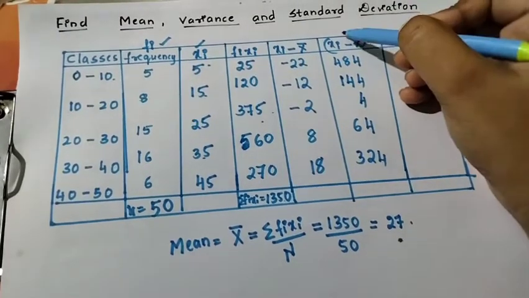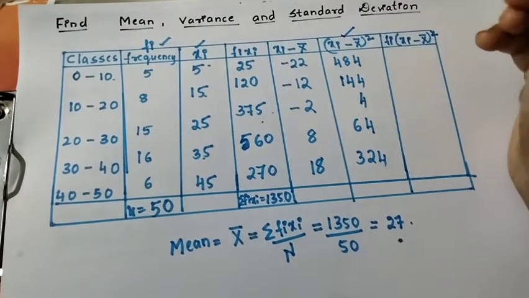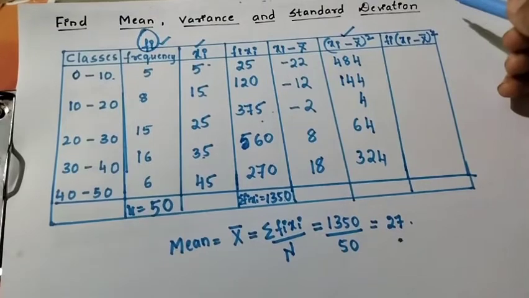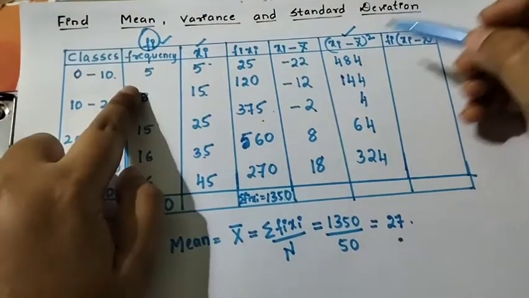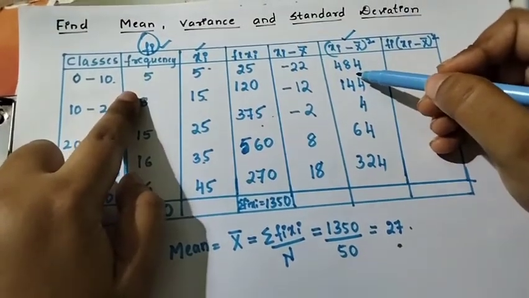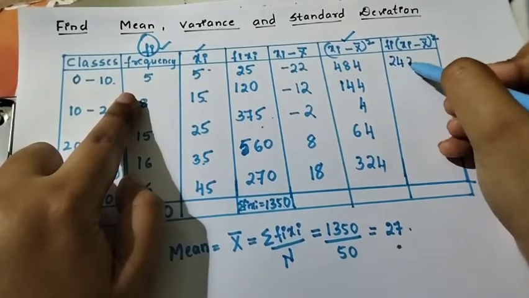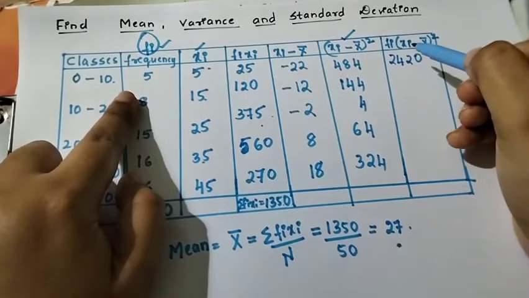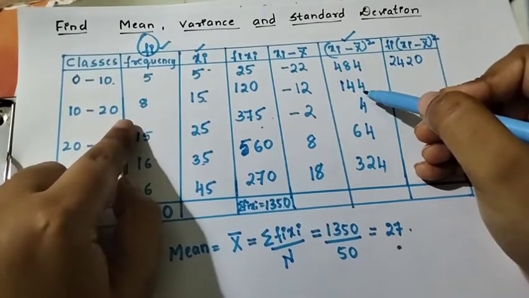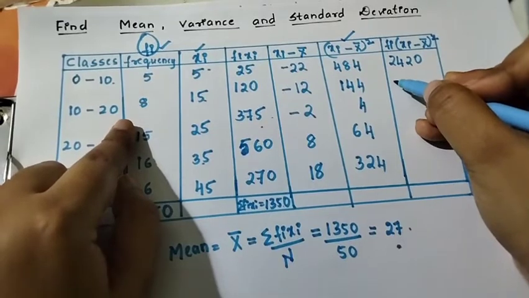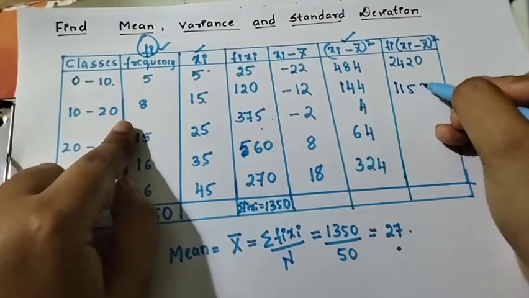Here you have xi minus x bar square, and here you have the values of fi. You have to multiply these two columns. 5 into 484 gives you 2420. Next, 144 into 8 gives you 1152.